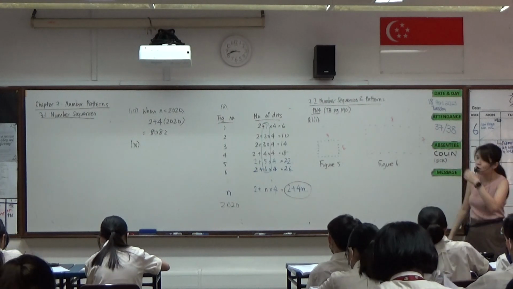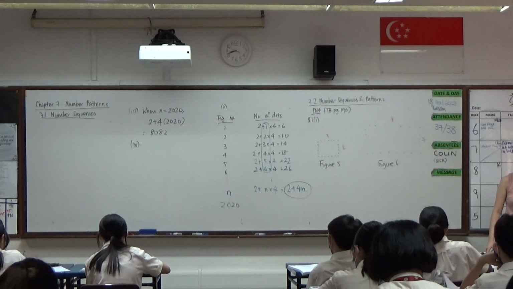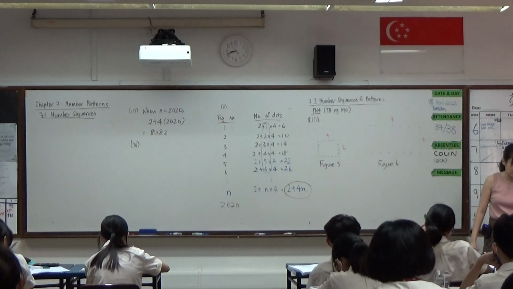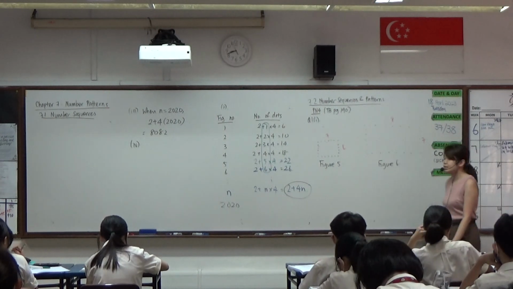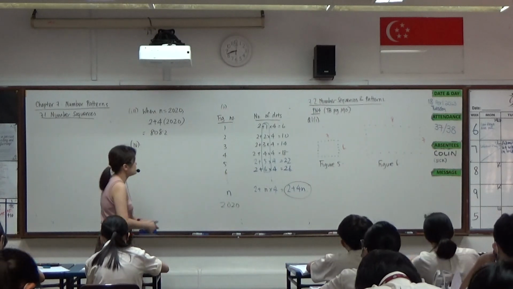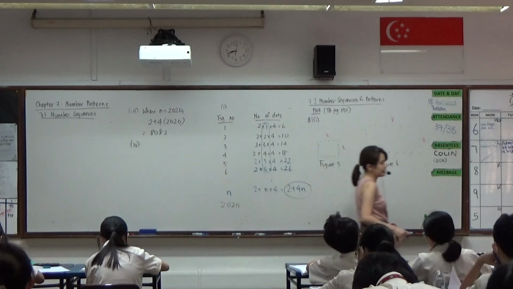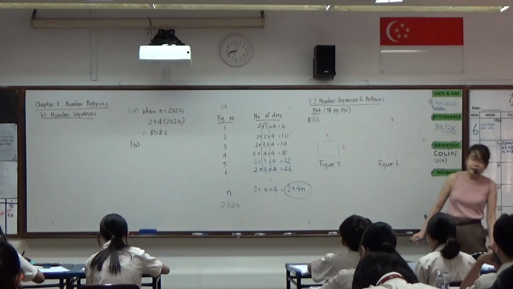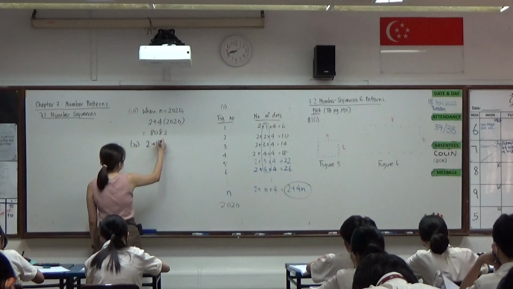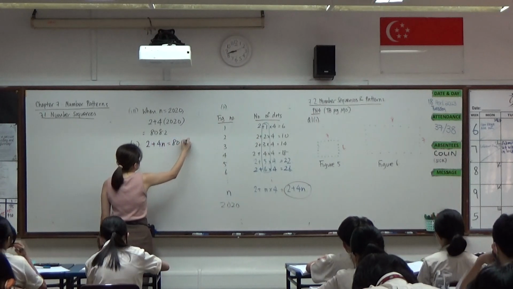Then in part 4, the question asks, will there be a figure in this sequence that has 80,000 dots? Explain your answer. So it's the same thing as what we did earlier just now. To see whether there is a figure that has 80,000 dots, we use this formula, 2 plus 4n equals to 80,000.